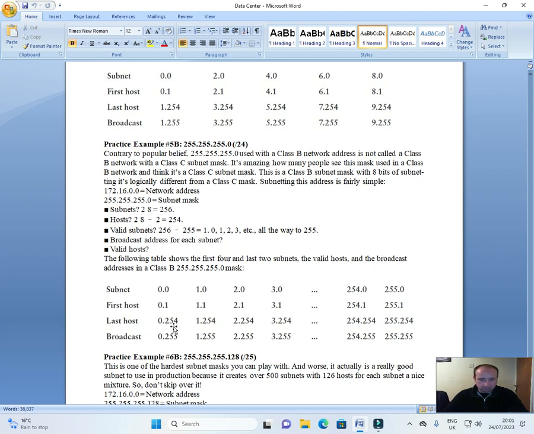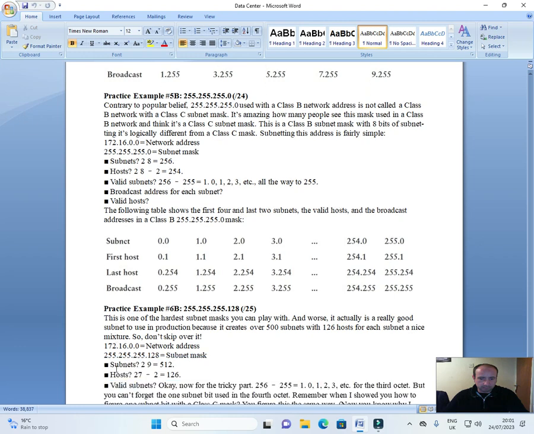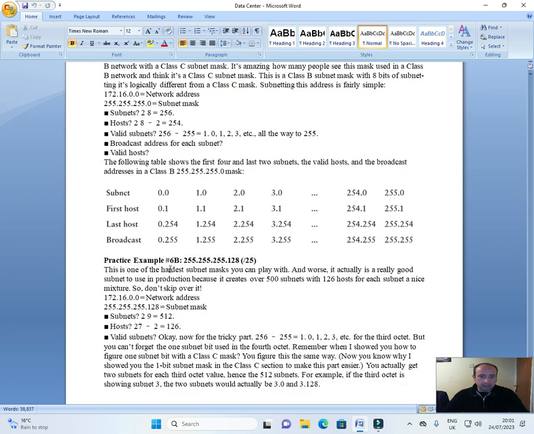Last host: 0.254, 1.254, 2.254, 3.254, 254.254, 255.254. Broadcast: 0.255, 1.255, 2.255, 3.255, 254.255, 255.255.